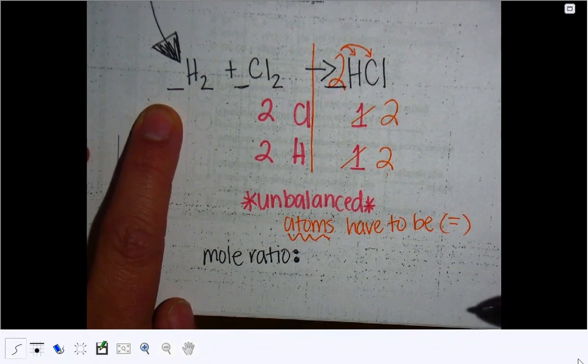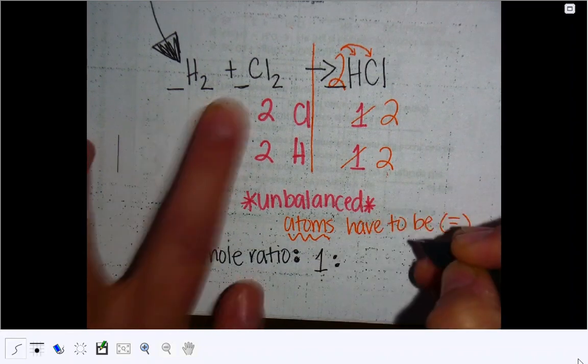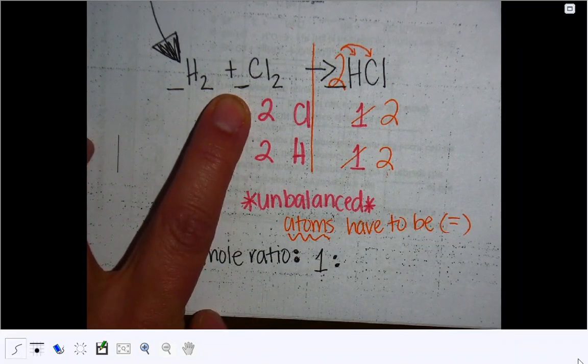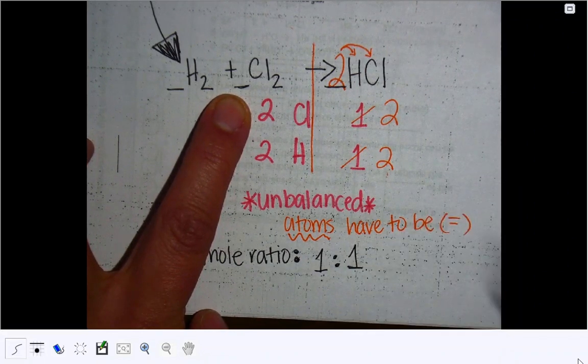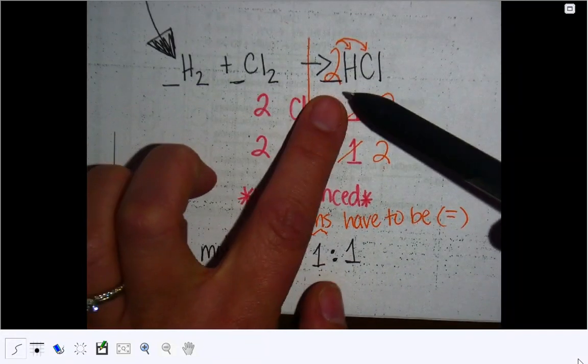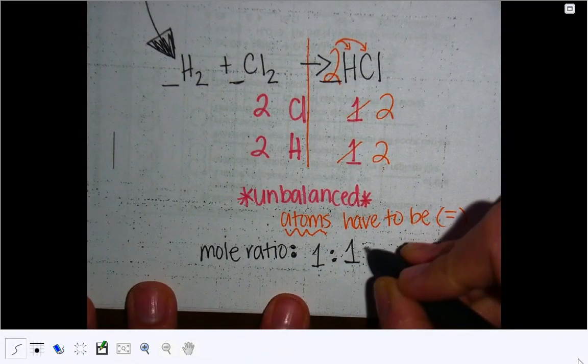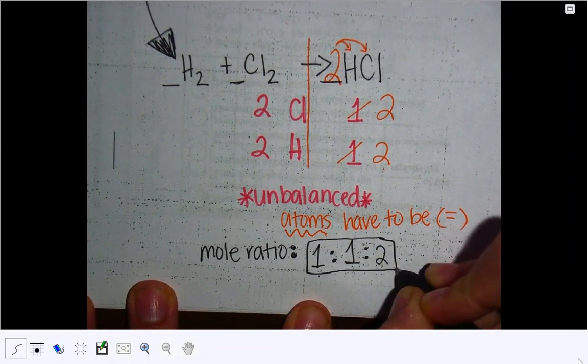What's the coefficient in front of the H2? If it's blank, what does that stand for? 1. So 1, okay. What is it in front of the Cl2? It's also a 1. Since it's blank, it's a 1. And what is it in front of the HCl? That's the 2. So we have a 1:1:2 mole ratio.